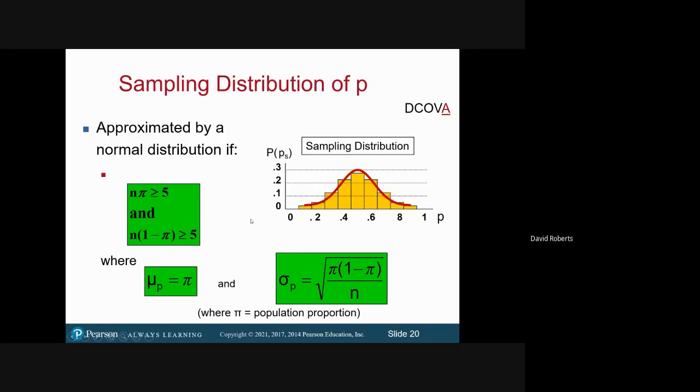In the example that I just gave you, that's 17 out of 50, which is 34% in percentage, or 0.34. The value for pi is 0.34, times the bracket 1 minus 0.34 in the formula on the bottom on the right, and all divided by the sample size, which is 50. And that will give you the standard deviation.